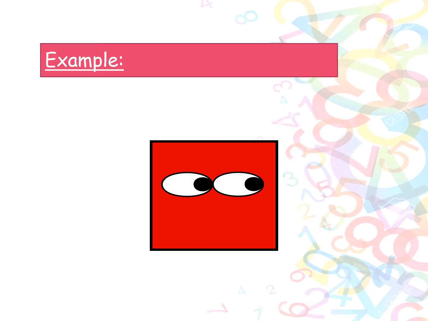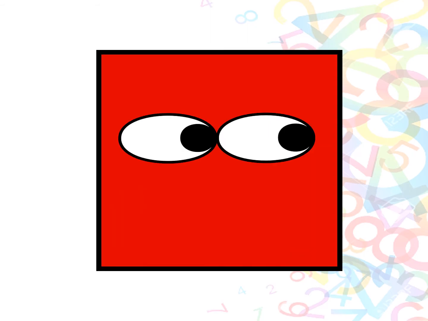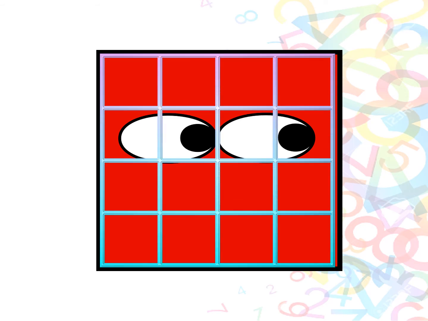To make calculations more easy, let's move further with an example. What shape do you see in the slide? Yes, it's a square. I have done a small animation for you to cover the shape. Let me do the magic. Now you can see the number of squares required to cover the shape.